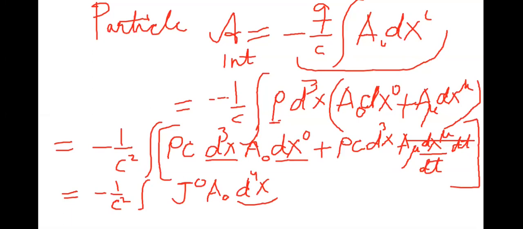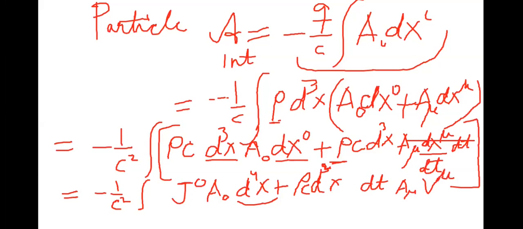The second part will be what? You have here rho and dx mu by dt, so it is basically rho c d3x, right? Combine this thing and this dt, a mu v mu.